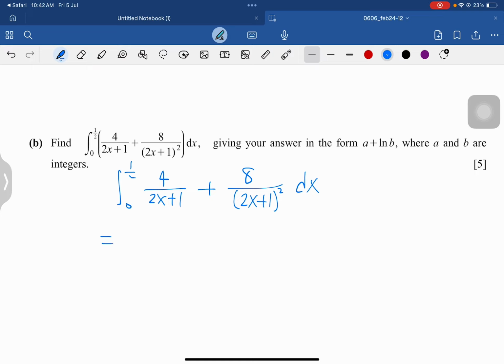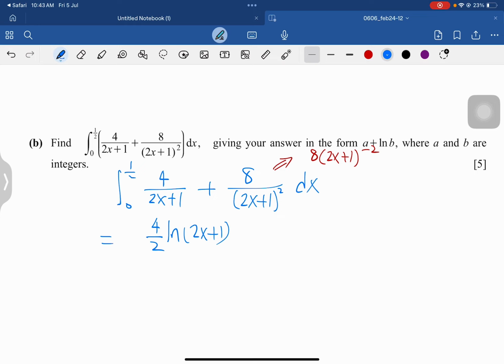Okay, the first one, the bottom is a linear, so we expect a ln. 4 ln 2x plus 1 over 2. You can write the over 2 here. And the second one is not a ln because the bottom is not a linear. So I write here so you understand. We throw up, become 8 times 2x plus 1 to the power minus 2.